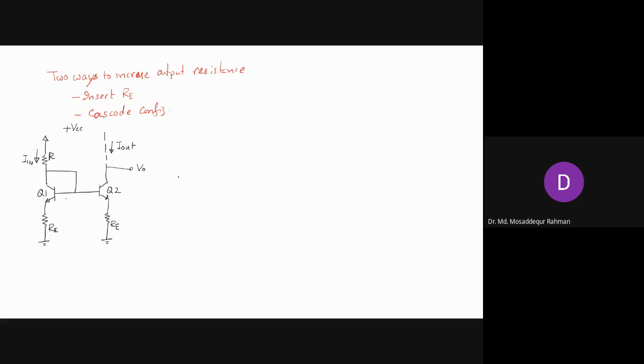So first we insert this emitter resistance. We are using emitter resistance to increase the output resistance.